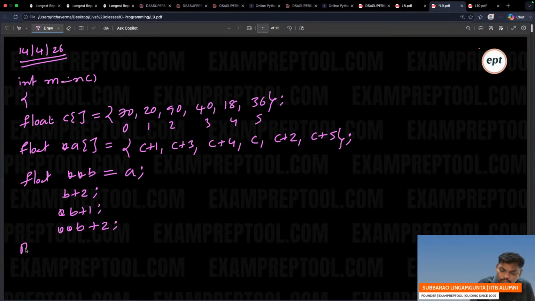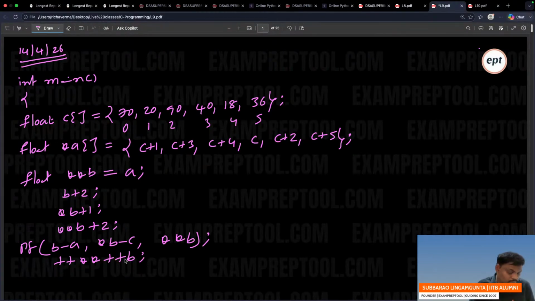Afterwards, printf b minus a, star b minus c. Next one, star b, plus, star plus b.